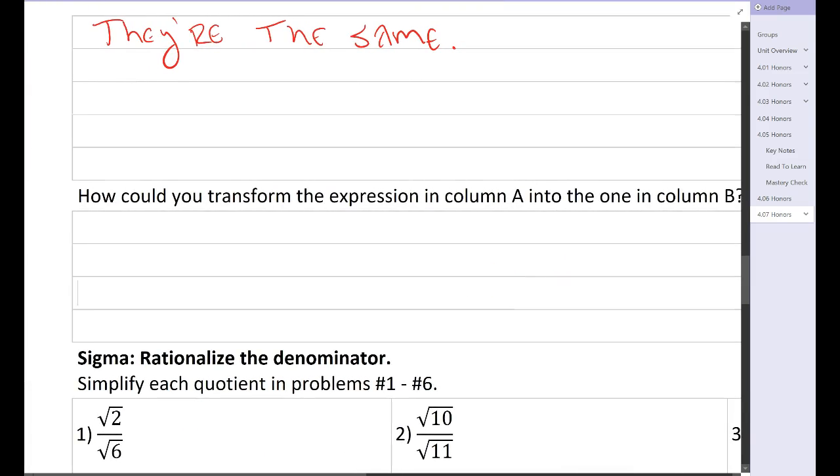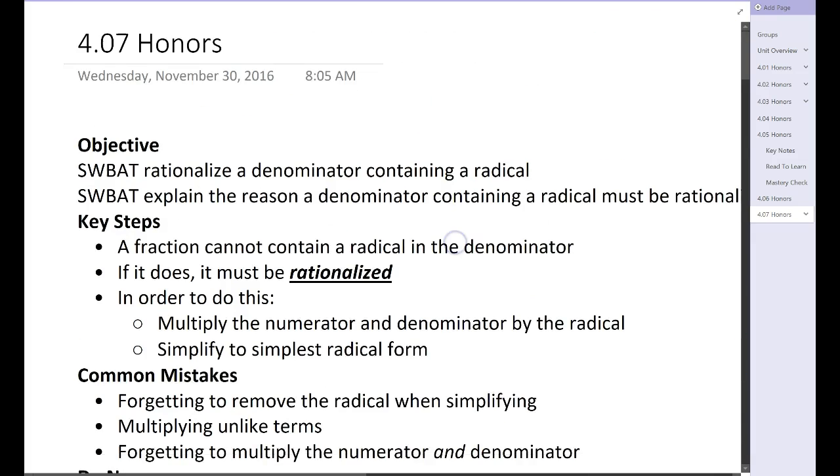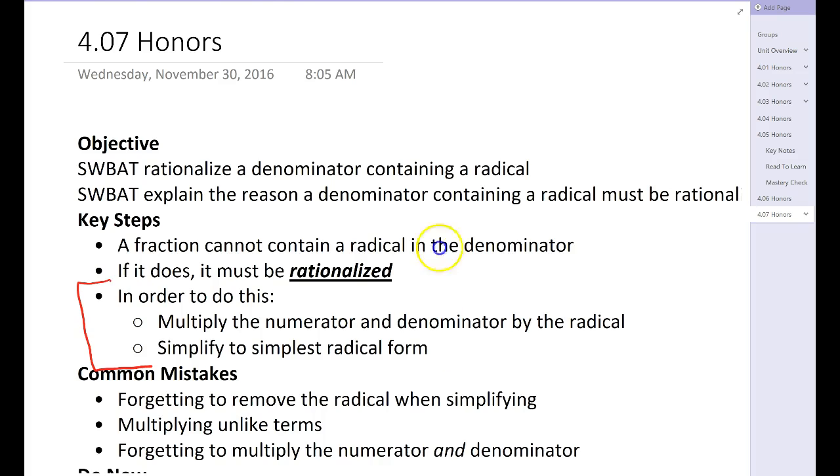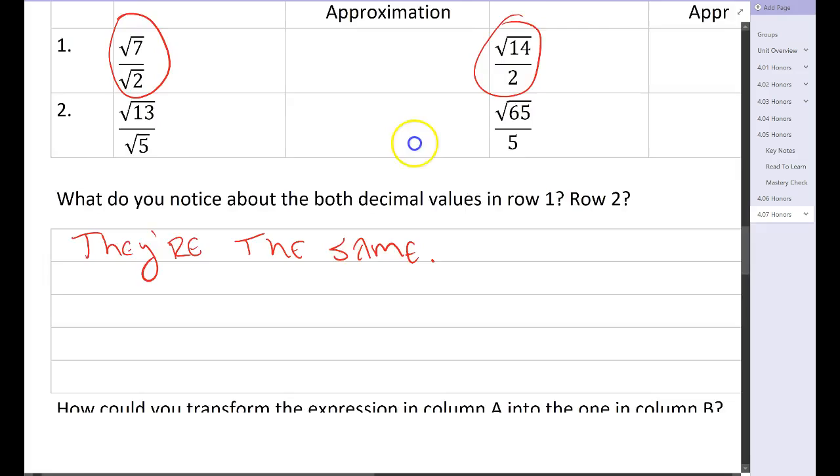Now, how do I transform the expression in column A into the one in column B? Well, I follow these exact steps, looking back at the very top of your paper. In order to do this, multiply the numerator and denominator by the radical. Then simplify to simplest radical form.